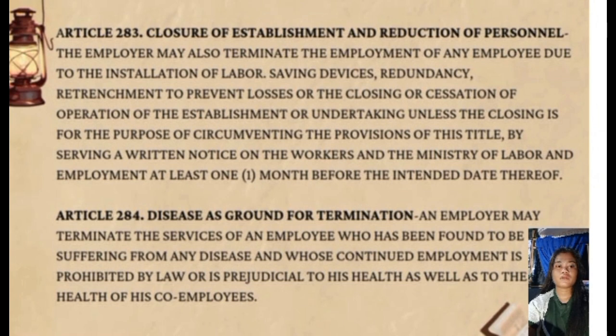The employer may also terminate the employment of any employee due to the installation of labor-saving devices, redundancy, retrenchment to prevent losses, or the closing or cessation of operation of the establishment or undertaking, unless the closing is for the purpose of circumventing the provisions of this title, by serving a written notice on the workers and the Ministry of Labor and Employment at least 1 month before the intended date thereof.